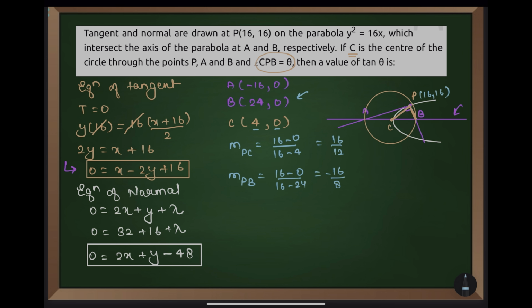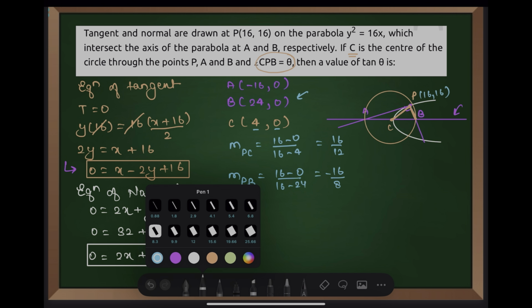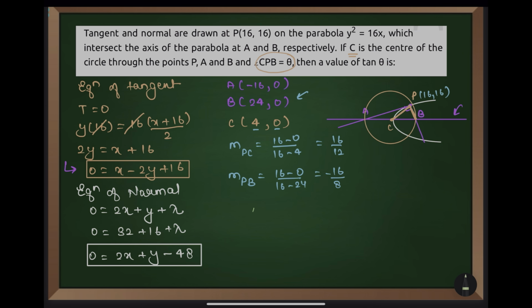Let's simplify, because we are interested in finding tan theta. So tan theta means m2 minus m1 upon 1 plus m1 m2. 16 by 12, minus of minus 16 by 8, upon 1 plus m1 m2. So it will become 16 by 12 and then minus 16 by 8.